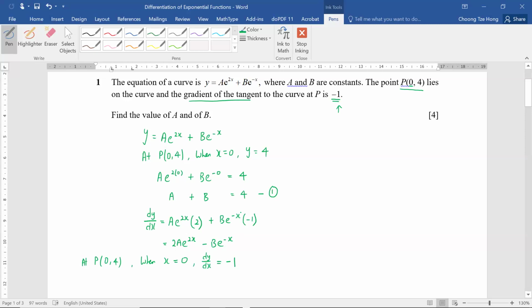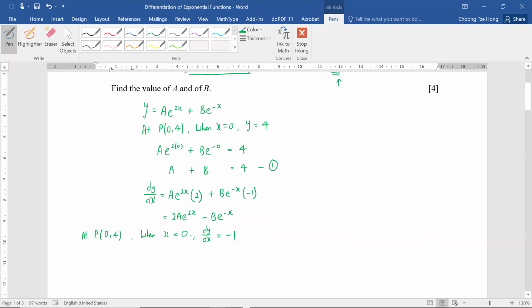Same thing, we're going to sub x equals 0 into this dy/dx, and then equate it to -1. Right, so let's do that. So 2a e to the power of 2 times 0 minus b e to the power of -0 equals -1.